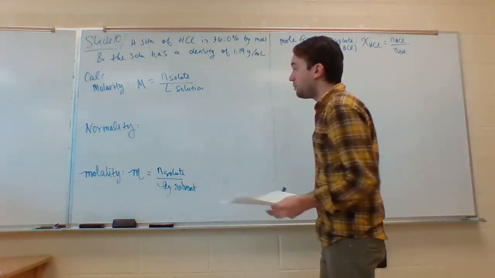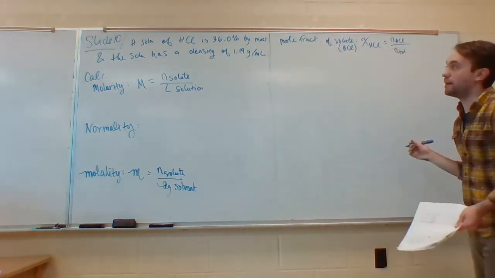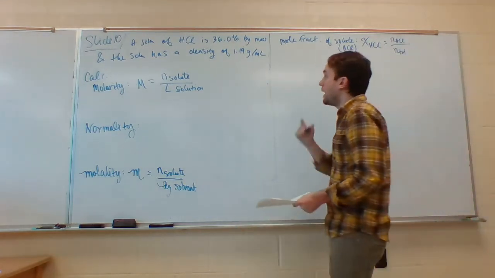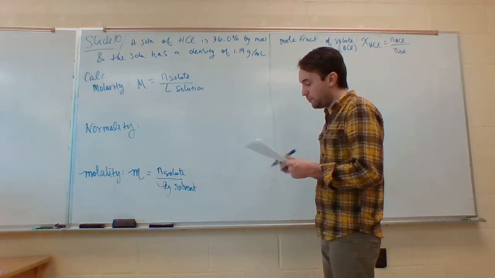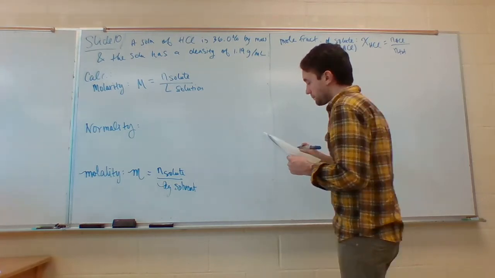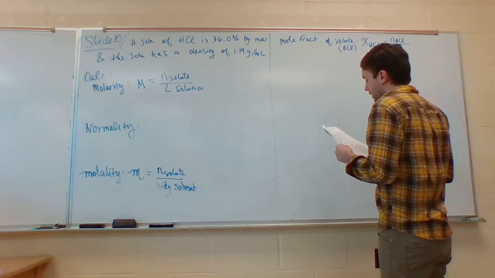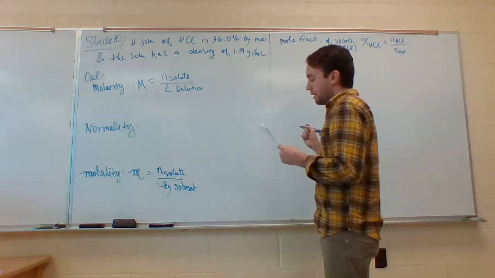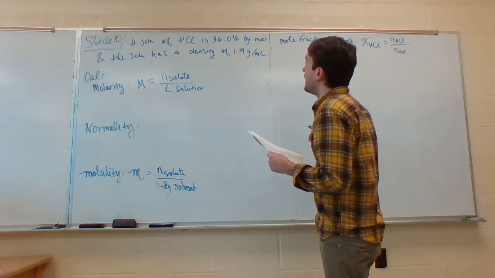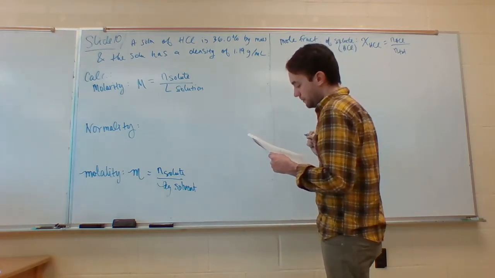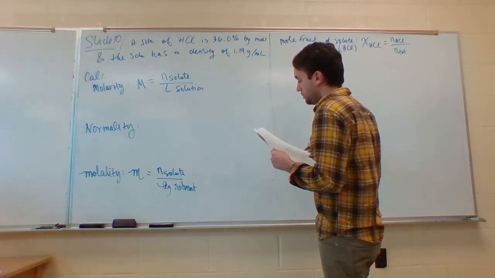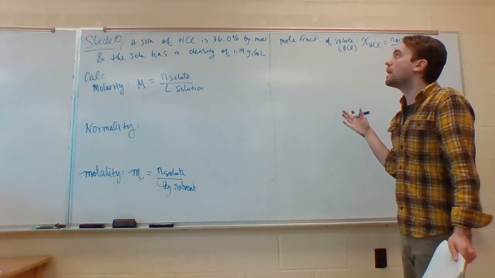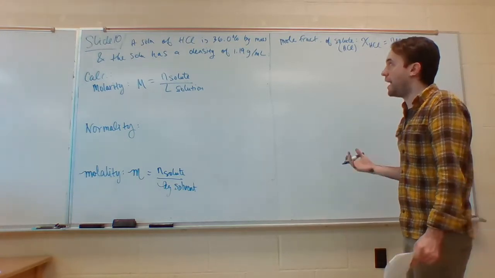So, now that we've got a lot of our equations defined, we need to find the pieces that get plugged in. For this type of problem, the first thing you're going to want to do is find the moles of HCl. What I would recommend is that if you see a percent by mass type problem, assume a mass.